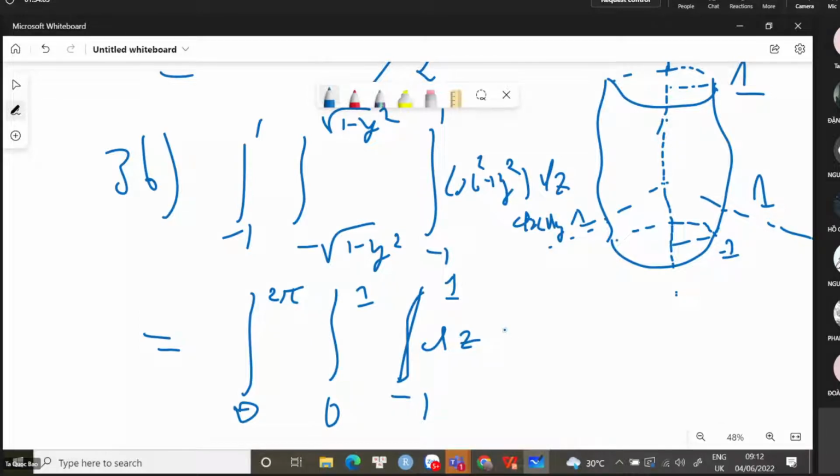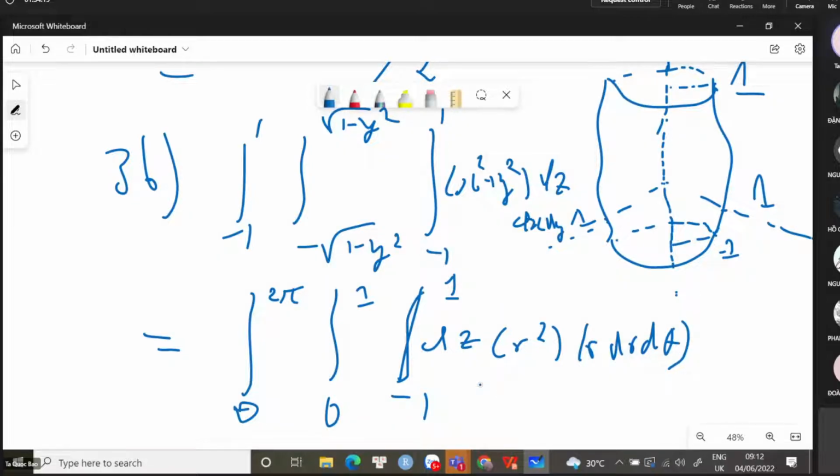Okay. x power 2 plus y power 2 is now r power 2, times r dr d theta.